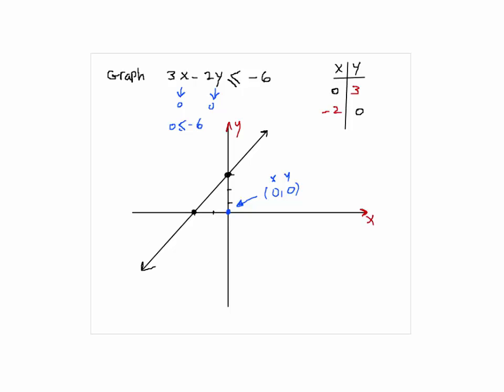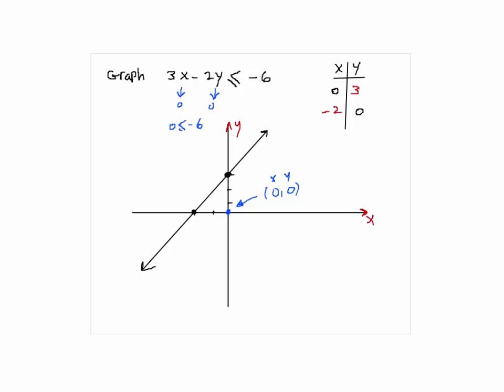Does that make sense? That 0 is less than negative 6? Yes or no, anyone? No. 0 is not less than, 0 is greater than negative 6, right? So it means this is not the solution, so the solution must be to the other side of the line.